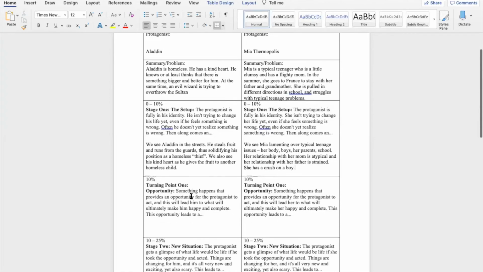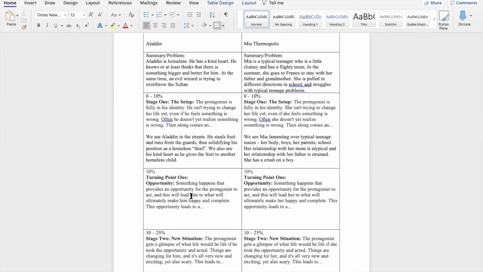Okay, so at 10%, this is an opportunity, right? So, like any opportunity, your protagonist may not jump on that opportunity. Obviously, they're going to, because we have a story to tell. And so in Aladdin, now when I'm doing this, my opportunity, my 10% point, I typically write maybe 1 or 2 sentences, right? So the opportunity here is Aladdin saves the princess, Jasmine.